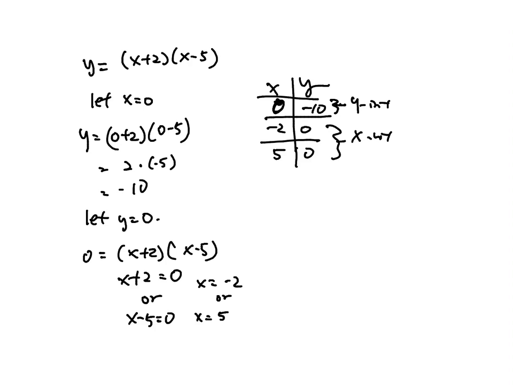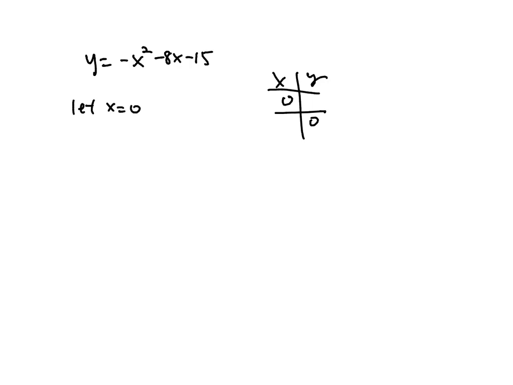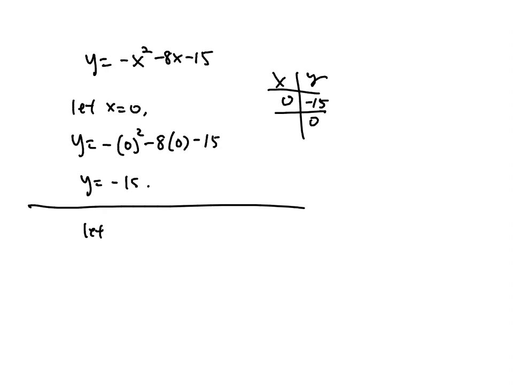All right, and the last one, we have y equals negative x squared minus 8x minus 15. If I let x equal 0, you get y equals negative 0 squared minus 8 times 0 minus 15. So y equals negative 15. If you let y equal 0, you get 0 equals negative x squared minus 8x minus 15.